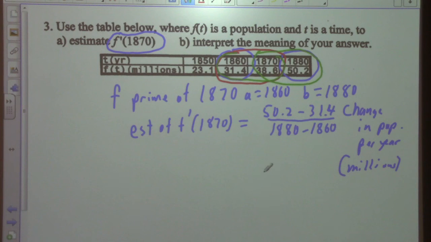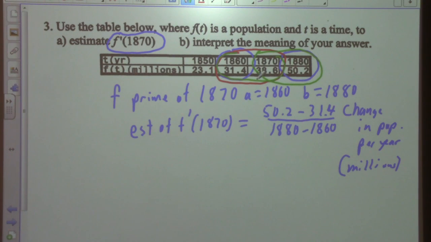Okay, that's dealing with numerical analysis of tables. That's the thing we're going to be doing all year long. We've talked about average rate of change and using an average rate of change to estimate instantaneous rate of change. Do we know exactly what the rate of change was in 1870?